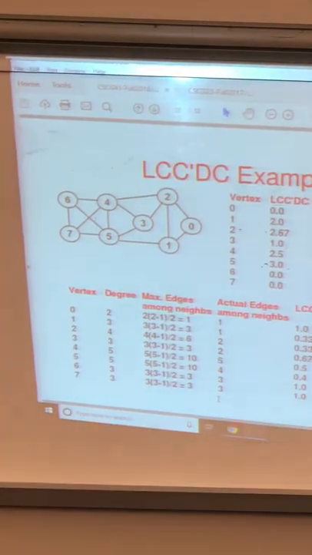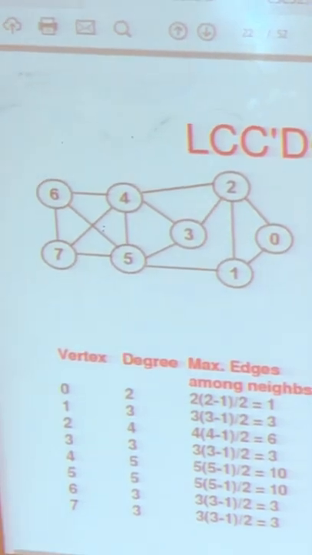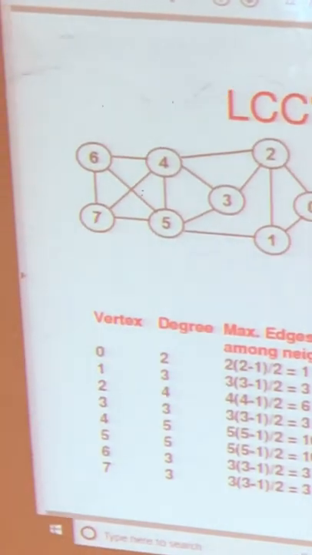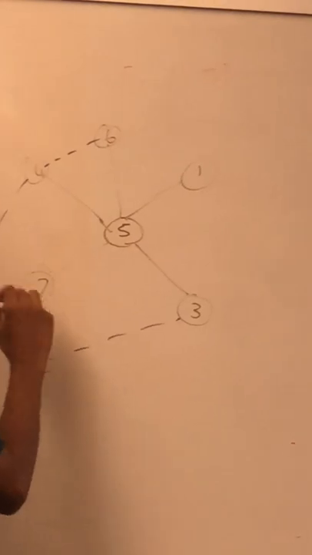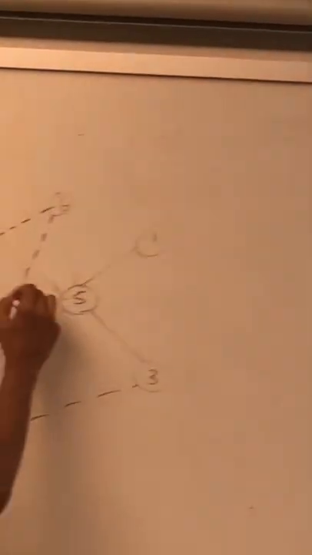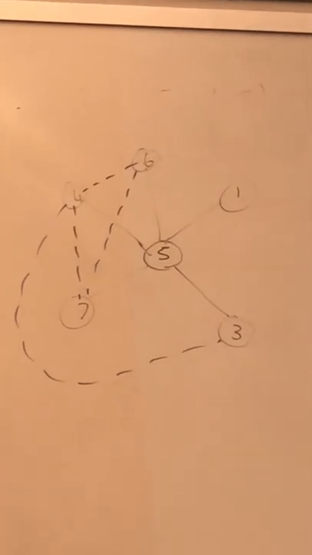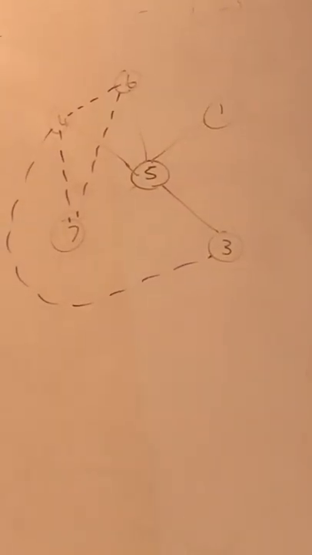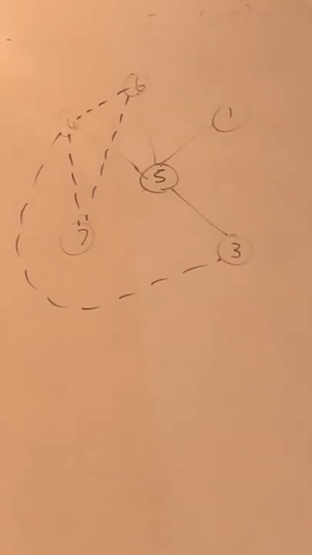Now, how many of those neighbors are connected? 4 pairs of those neighbors are connected, isn't it?